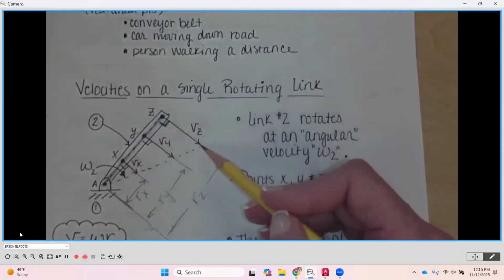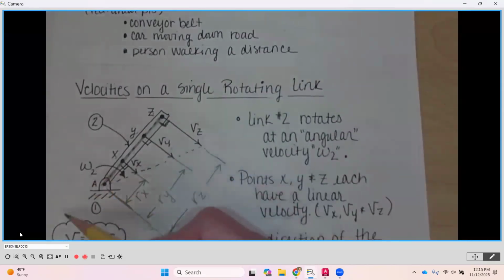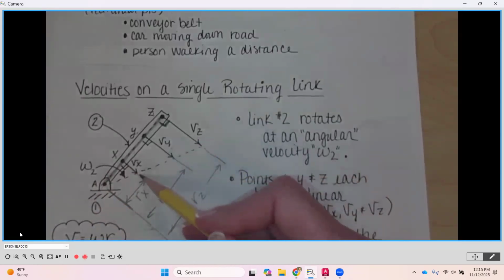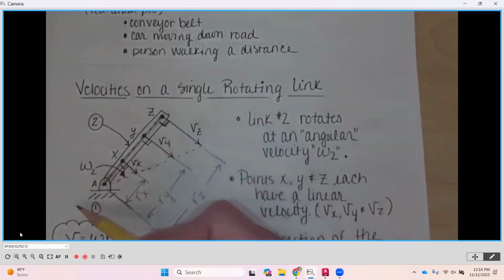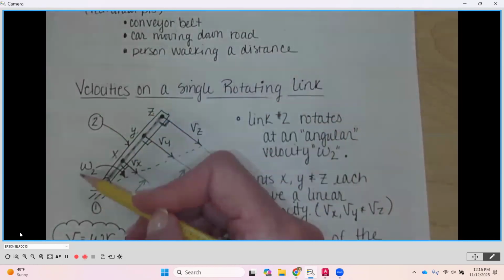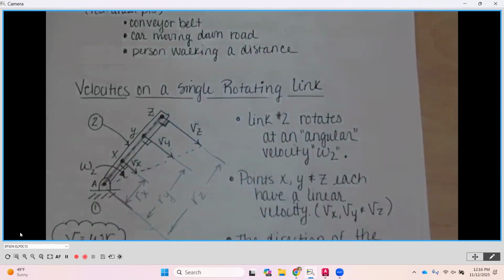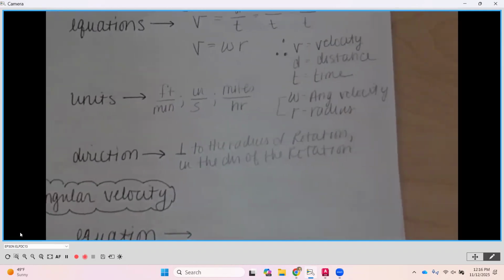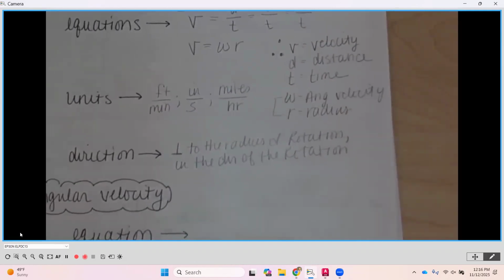And it's pointing, in this case, down and to the right because it is in the direction of rotation. Does that make sense? So the direction of the straight line velocity is perpendicular to its radius back to its center of rotation, and it's going to be in the direction of that rotation. So we would not point this up and to the left when it's rotating clockwise. All right. So direction of straight line velocity, we always can kind of know. It's perpendicular to that radius of rotation and it's in the direction of the rotation.